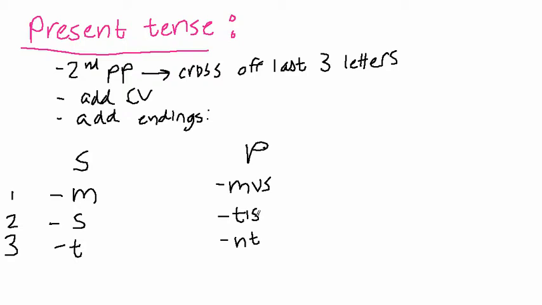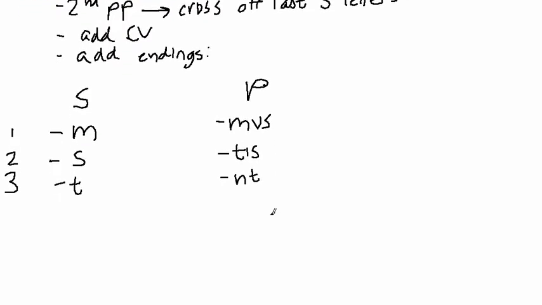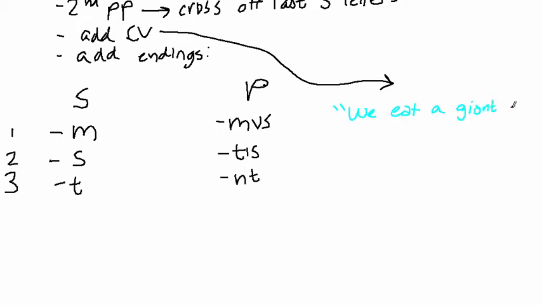And before I tell you the connecting vowels, let me first write down a saying. And it'll make more sense once I explain it. But let me give you the connecting vowels. I'll write them off to the side. And it's "we eat a giant liar." Okay, and I'll write some numbers above it too. And hopefully you'll understand soon. 1, 2, 3.